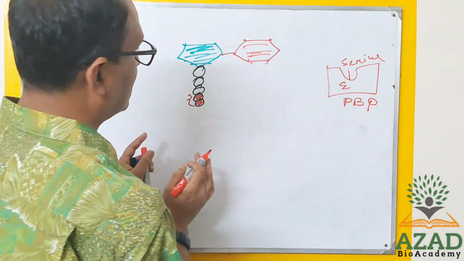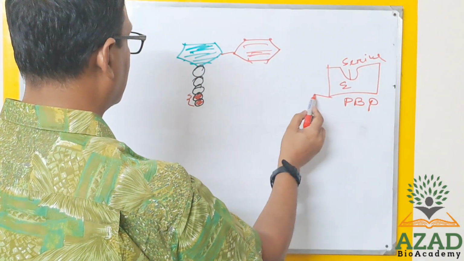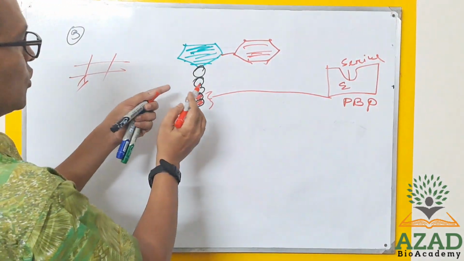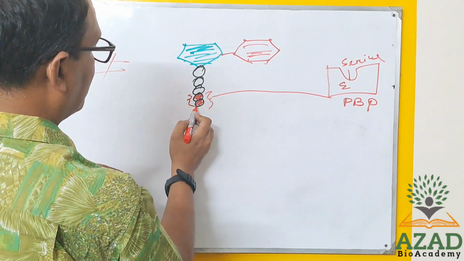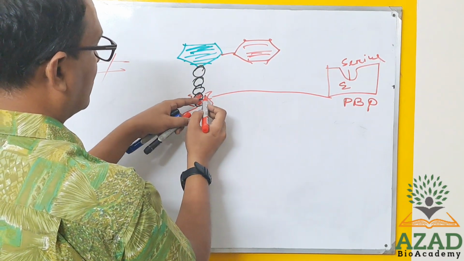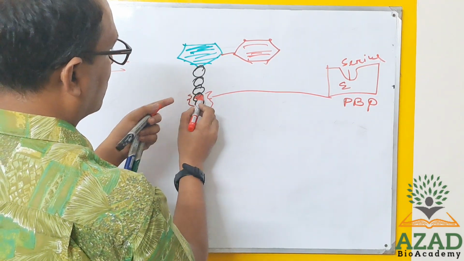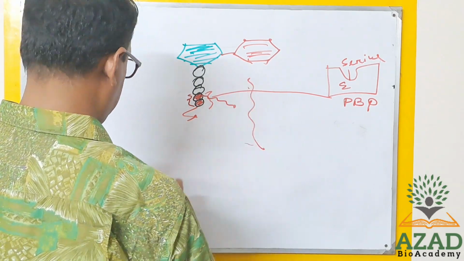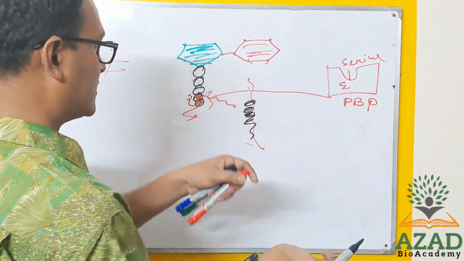So this enzyme will bind here to cleave the fifth one, and it will make energy, and that will facilitate making a cross-link with the other pentapeptide.